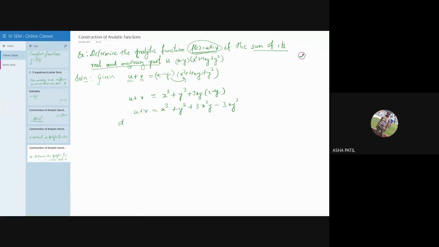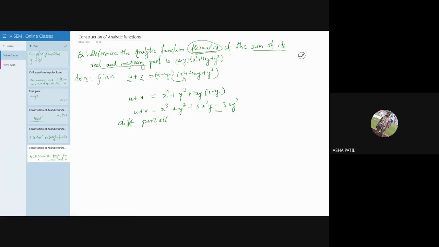Now let us differentiate partially with respect to x. And we can take x plus y whole cube? Is it x plus y whole cube? Here it is minus, no? It is minus y cube.